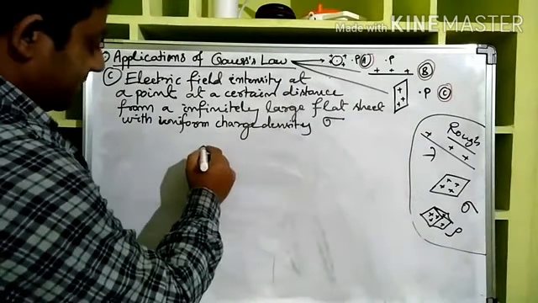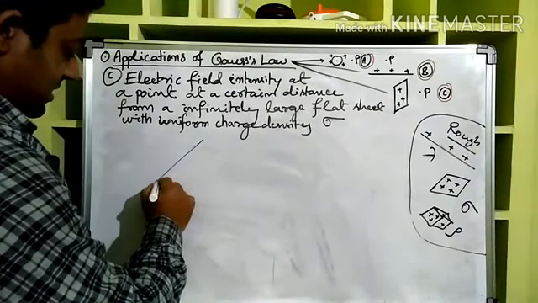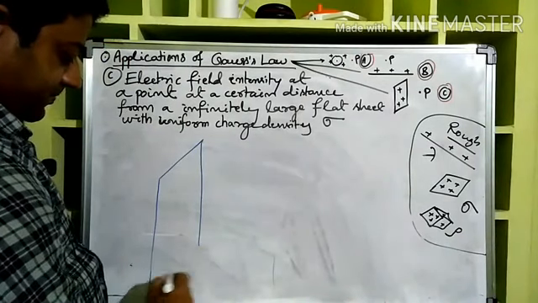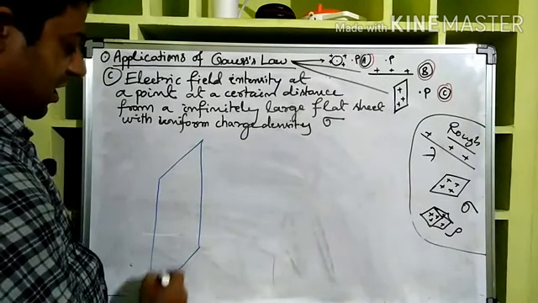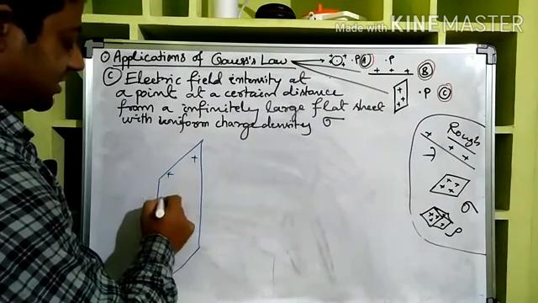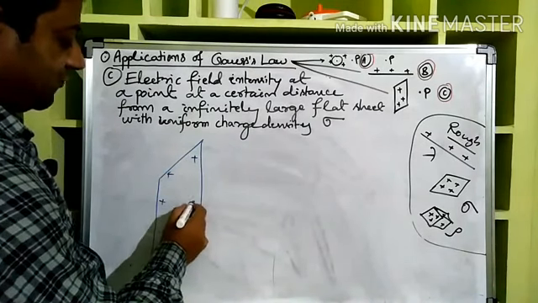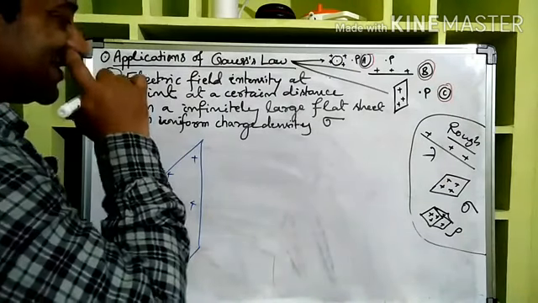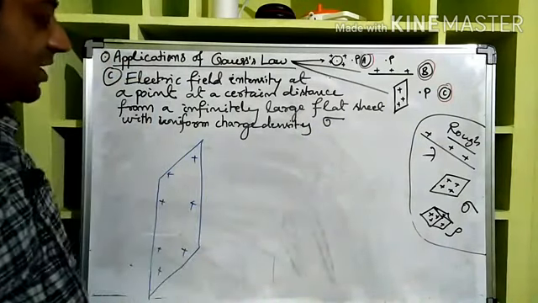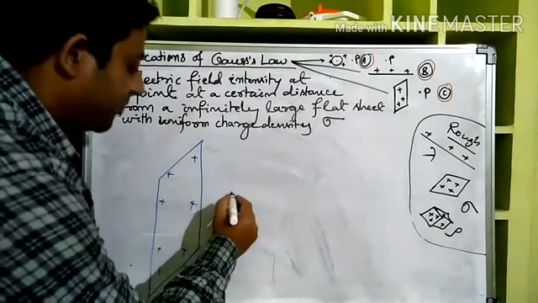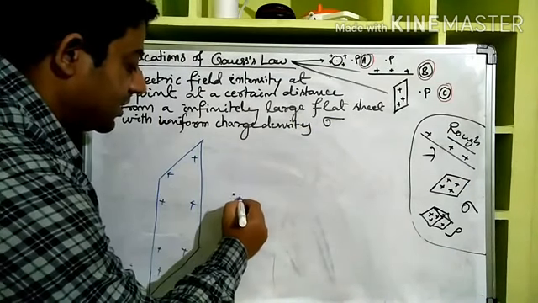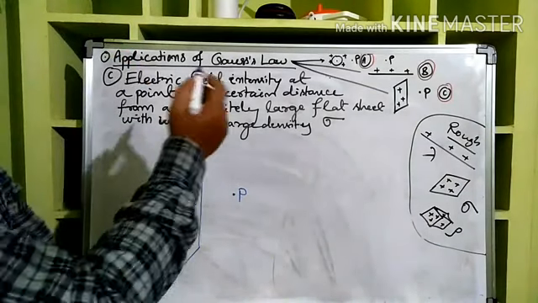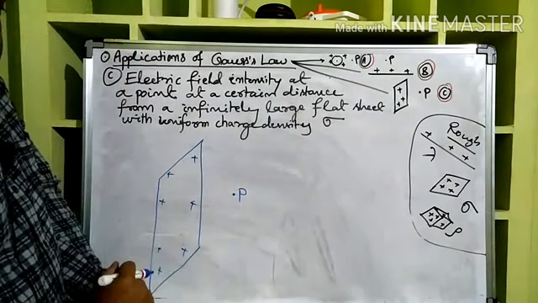Now, let us imagine there is a large sheet, an infinitely large sheet with uniform charge distribution, and the charge density is given to be sigma. And at a point P, we need to find out the electric field intensity due to this sheet.